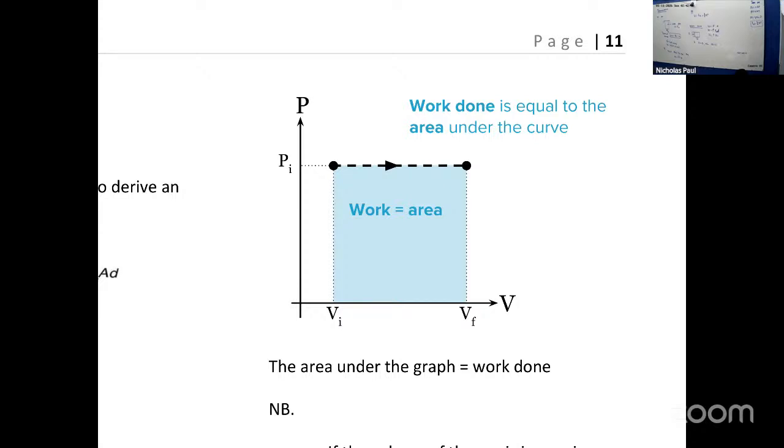That is why when we had the vertical line, you told me the work done is 0, because the area under that line is nothing. So jot it down: work done is equal to the area under the graph.